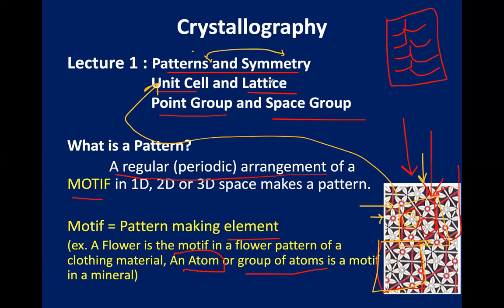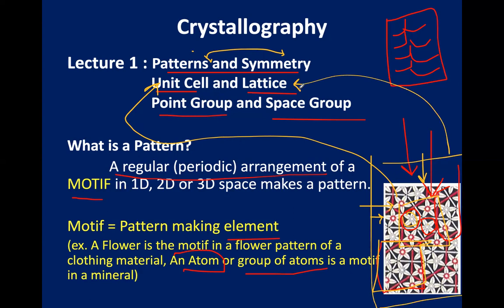So a combination of unit cells, for example, here you have a combination of many unit cells, maybe 20, 50 or something, right? That makes a lattice. So the crystal lattice is made up of several units of unit cells.